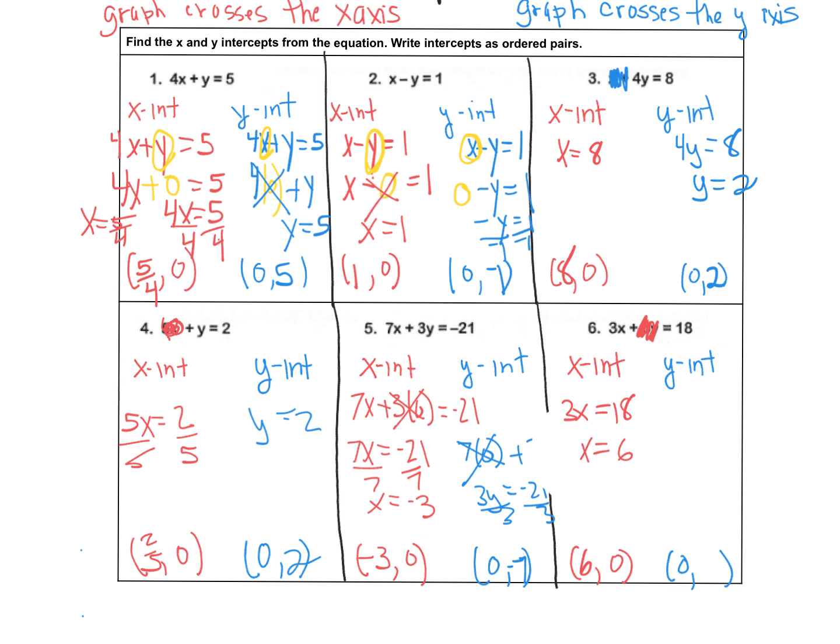And if we go to find the y-intercept, we are going to let x equals 0. If x equals 0, this would be gone, and we would have 6y equals 18. Divide both sides by 6, y equals 3.